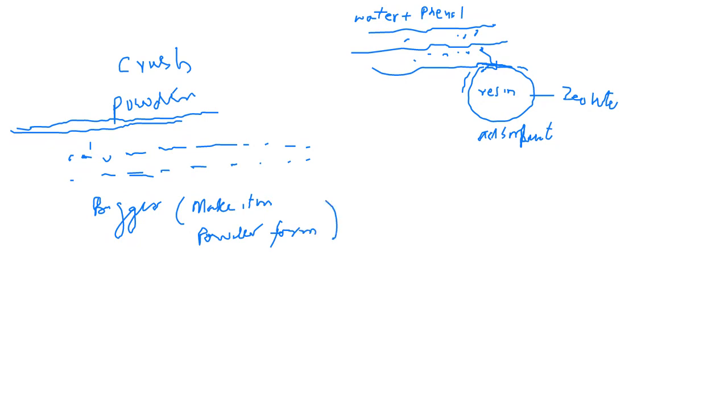It means you don't need big lumps of adsorbent. The smaller the size, the better the performance will be. So physical adsorption depends on the surface area. It is directly proportional.